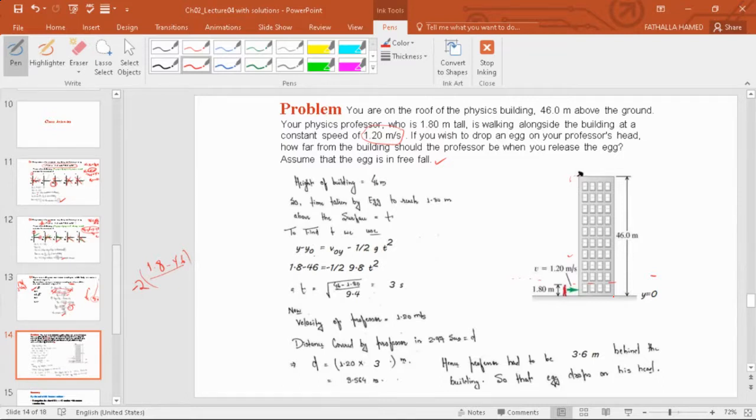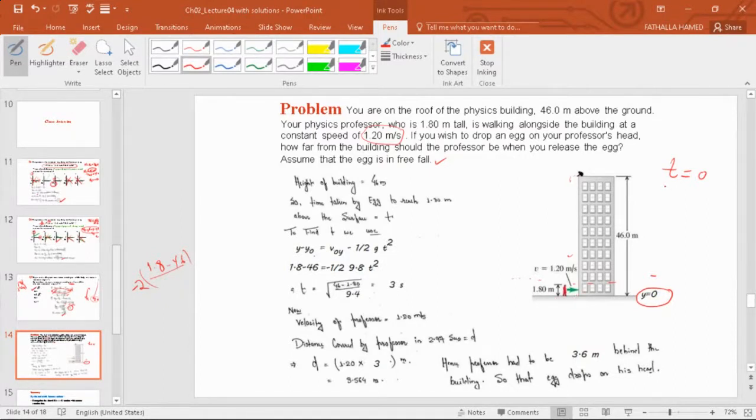Now remember what we told you, that at t equal to 0, you always choose your y equal to 0. But you have two situations here. So we chose the y equal to 0 at the ground level here, which we can call the x-axis for the professor.